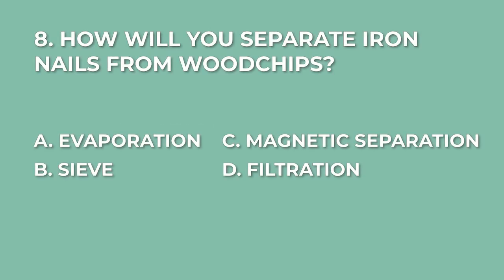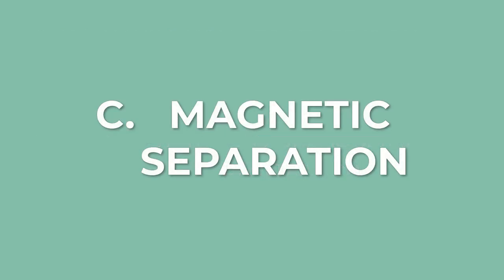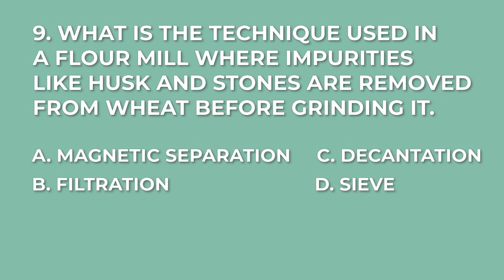Number 8. How will you separate iron nails from wood chips? The answer is letter C. Number 9. What is the technique used in a flour mill where impurities like husk and stones are removed from wheat before grinding it?